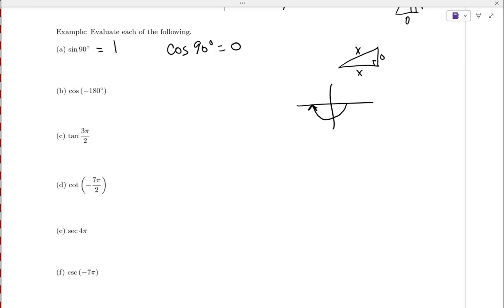So what's that cosine going to be? Cosine doesn't depend on the opposite, it depends on the adjacent. So it looks like this triangle, doesn't it? But is the x positive or negative in this case? Negative. So that should be equal to -1, because we went to the left. Good. All right. We'll do more of these next time.